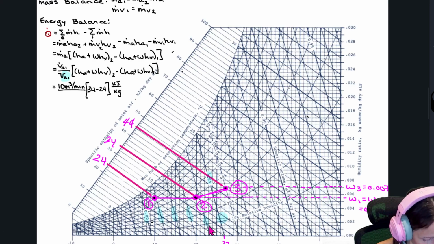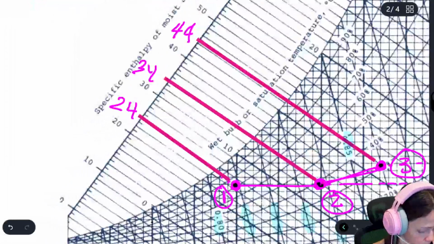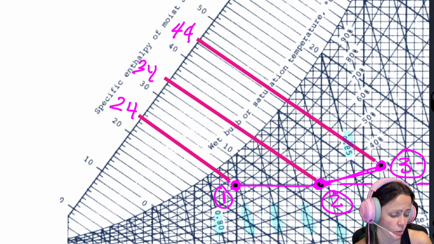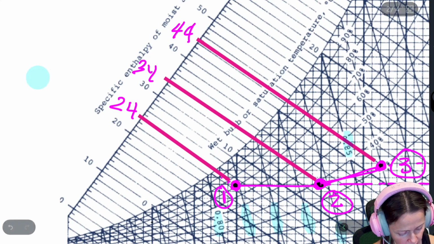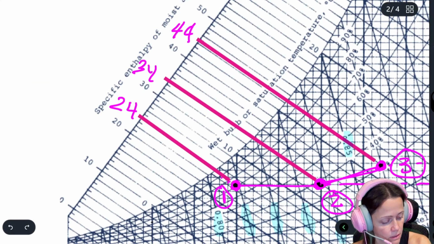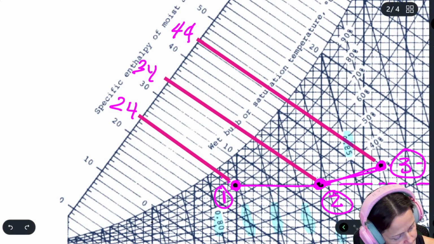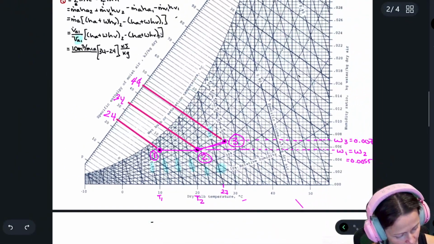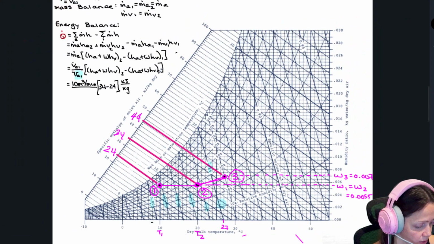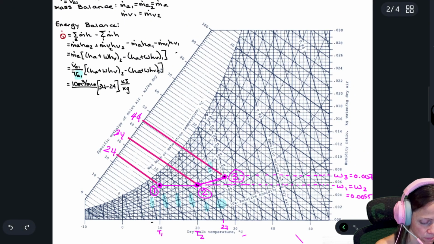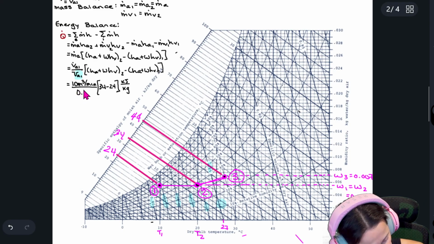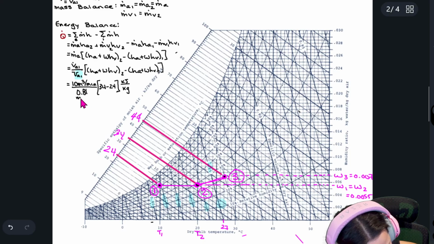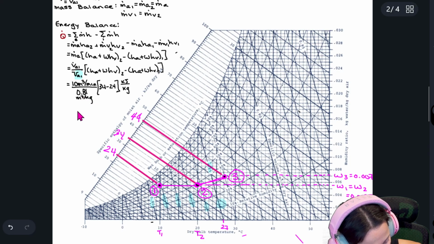It looks like that specific volume is really, really close, to 0.81. We could split hairs and say it's a little less than 0.81, but I'm going to say it's about 0.81. So 0.81, this guy is meters cubed per kilogram.